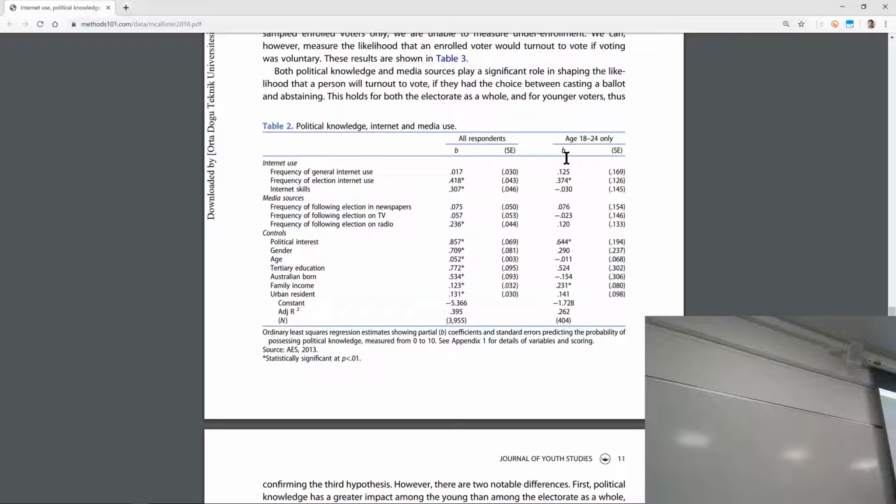Right, so let's pick a simple one. Gender, I presume one is female, that's always the way it's done. So one is female, the coefficient here is 0.7. What does that mean? Female has more social knowledge or something?